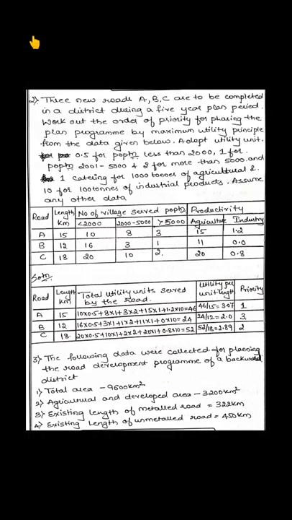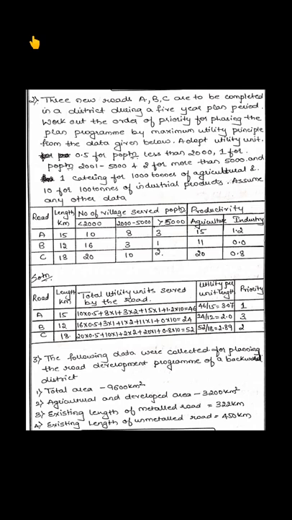Okay, so what are the three? Here they have directly given the problem statement along with the table. Three different roads are there: Road A, B and C. Length of road A is 15 kilometers, B is 12 kilometers and C is 18 kilometers.